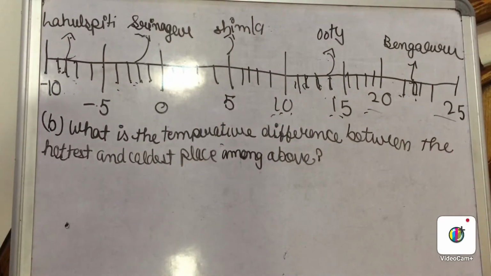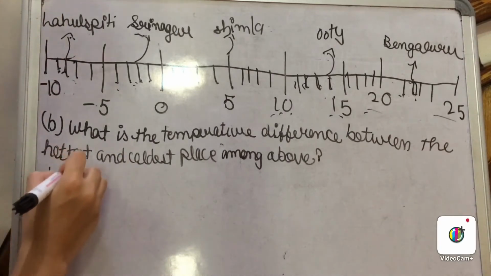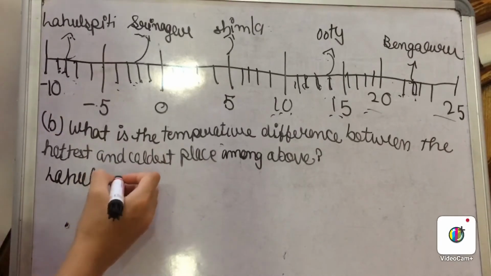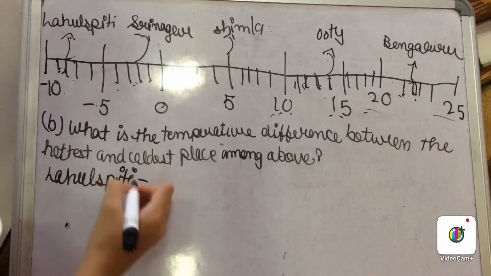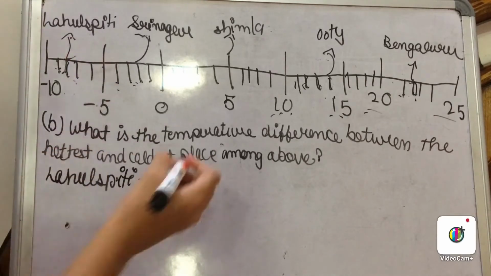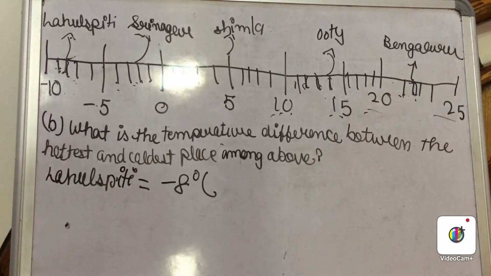Let us write the temperatures, first of Lahul Spiti and then of Bengaluru. The coldest place is Lahul Spiti, and its temperature is -10, -9 and -8. So the temperature at Lahul Spiti is -8 degrees Celsius.